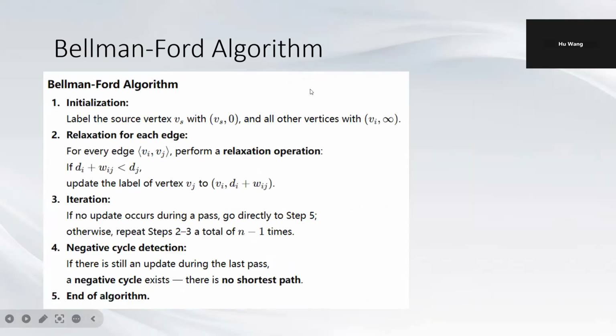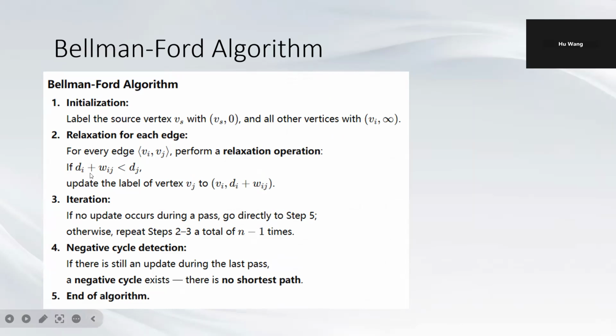So for the Bellman-Ford algorithm, we can formally write it down here. We initialize with vertex vs here, and initialize the distance to all the other points to infinite. And then we loop over different edges, called a relaxation operation.